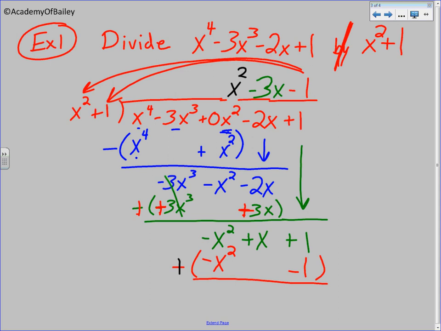So since we're subtracting, that becomes a plus, and this one also becomes a plus. And now let's go ahead and put these together. Negative x squared plus x squared, those cancel each other out, leaving us with positive x plus 2. 1 plus 1 is 2.